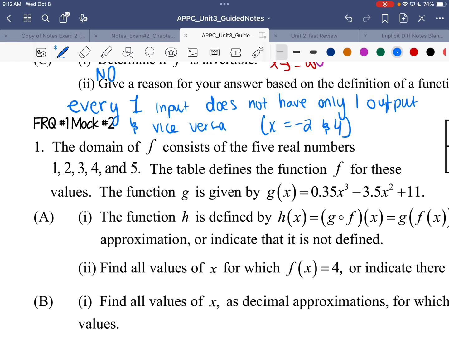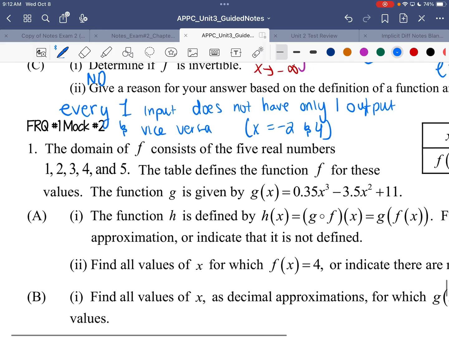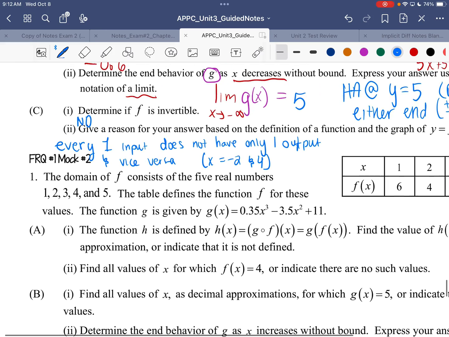They both went to 2 for the y values. But this is all we're ever going to say, if every one input goes to one output or doesn't go to one output. Memorize that line. That is a line that you will just say on FRQ 2.